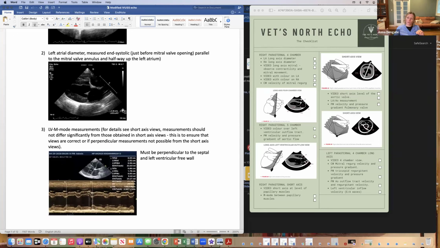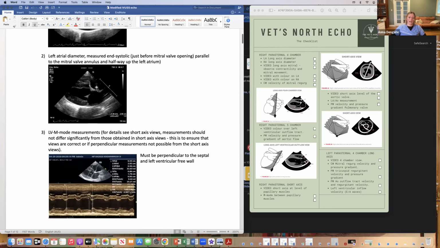So you've got to pause, roll back, see the heart contracting, opening, closing, and get it right before it opens again. And the measurement should be made across the maximal dimension of the atrium, but parallel with the annulus. Does everyone know what we mean by annulus? Yep, it's a bit of a strange word.